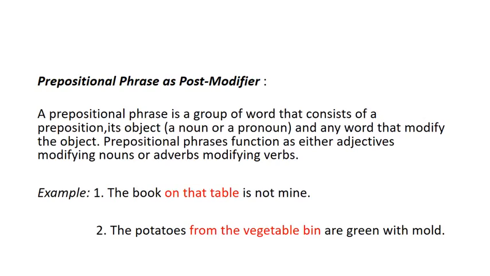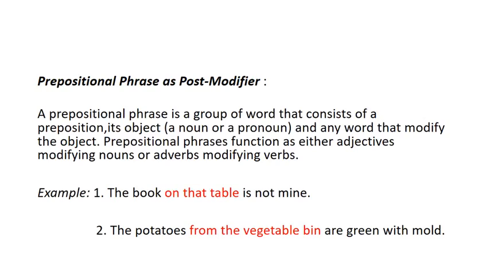Let me clarify it with examples. Number one, the book on the table is not mine. Here in the first sentence, the highlighted words on the table is a prepositional phrase because it starts with a preposition and there are two more words with it. And this prepositional phrase is used after the noun phrase the book and gives us some extra information about the book.